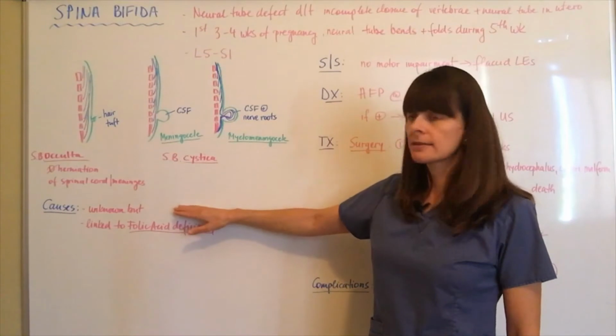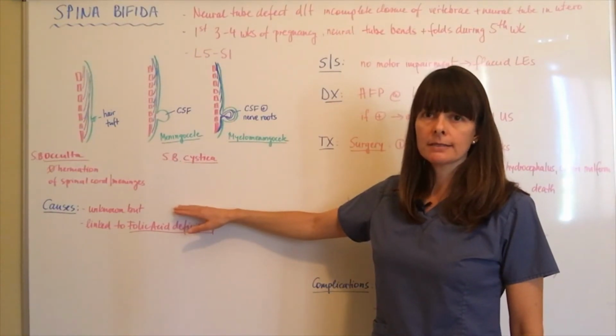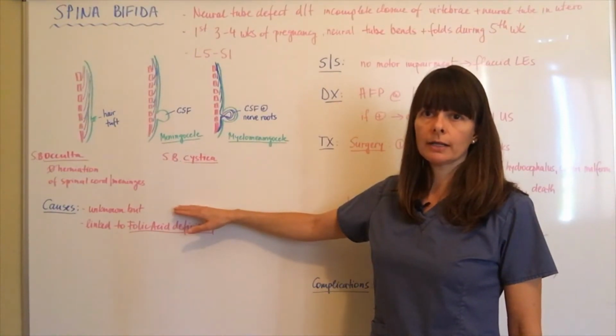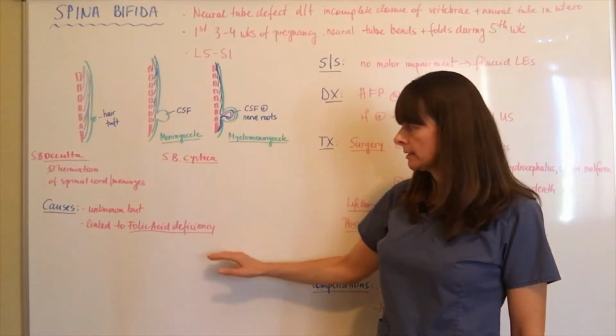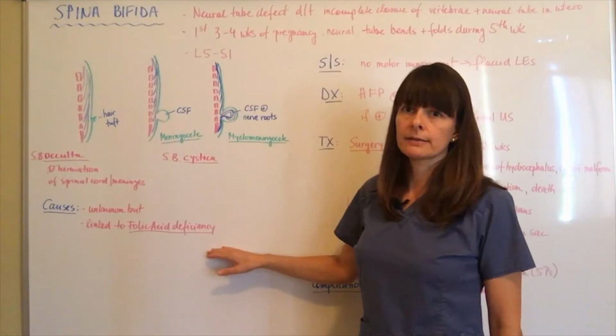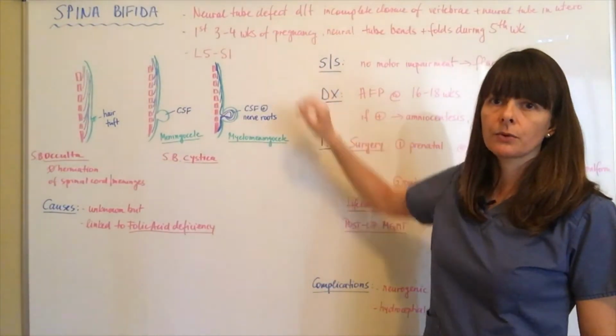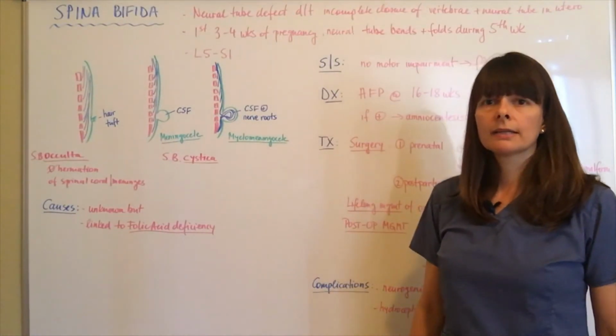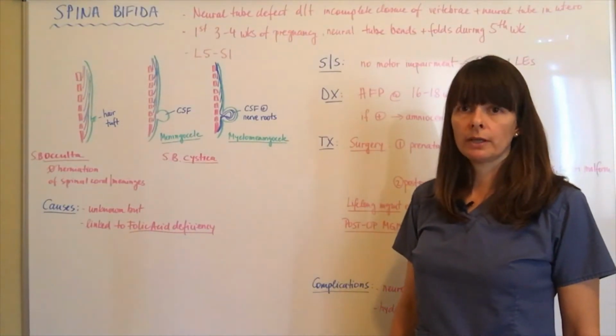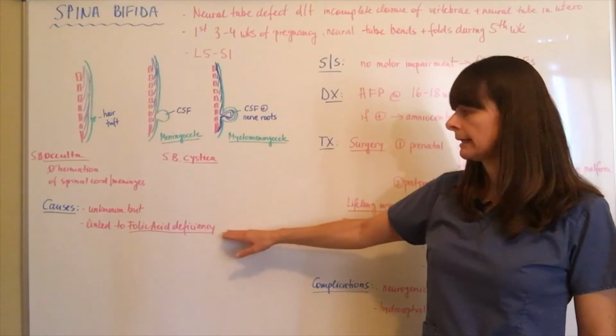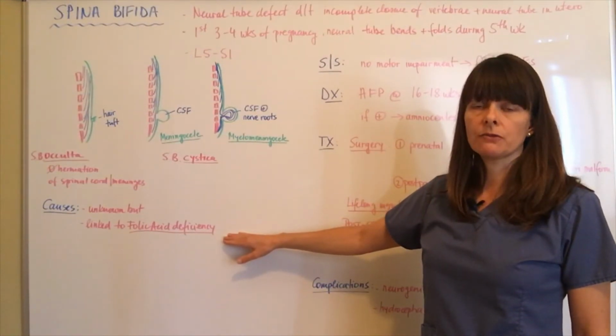Now, causes are typically unknown, but neural tube defects are linked to maternal folic acid deficiency. And the problem with this really is that this neural tube defect happens so early in the pregnancy, in 3 to 4 weeks of gestation, that some women might not even know that they are pregnant, and they might not know that they are folic acid deficient.